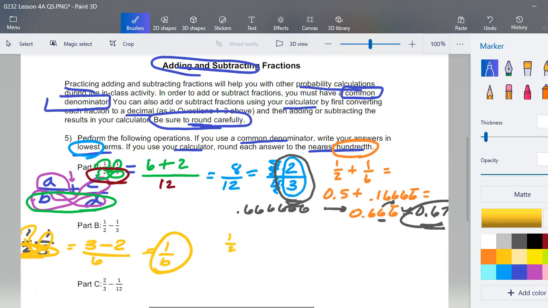If I punch in 1/2 minus 1/3, 1/2 is 0.5, 1/3 is, as you see here. So by punching in 0.5 minus 0.33333, I'm getting 0.16666, and it would round to a 7, but to the nearest hundredth, I need to go to my hundredths, look beside, and I get 0.17.